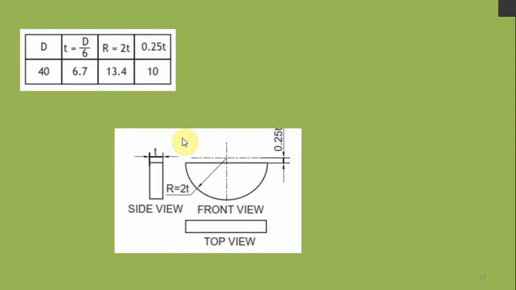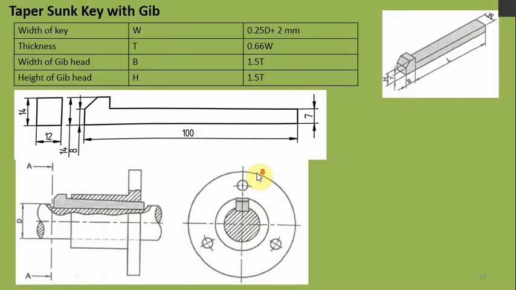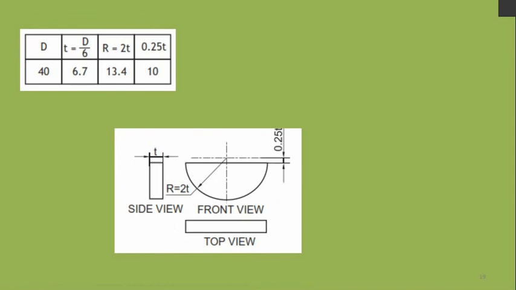Now we have the next one, the Woodruff key. We know that the Woodruff key is semicircular. So the reference dimensions are, first you draw vertical and horizontal axes, then take this as center.